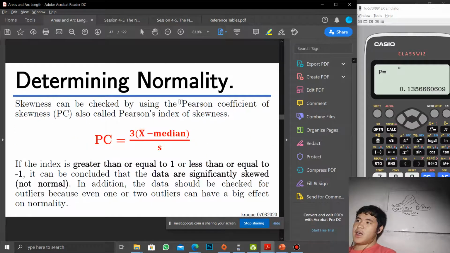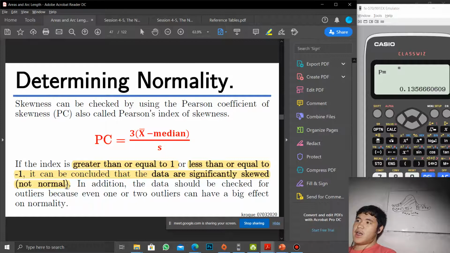Determining normality, we can skip this naman. Basta, Pearson's index of skewness, this is the formula. As long as the index is greater than or equal to 1, or less than or equal to negative 1, ibig sabihin yung data natin skewed, di siya normal. Kasi ang normal, diba? Symmetric.